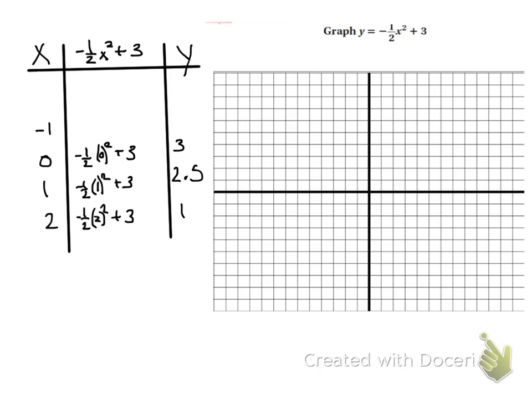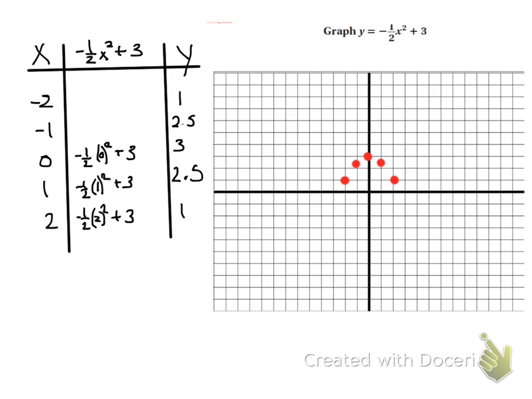And again, these repeat in the other direction, so it's going to be 2.5 and 1. Go to graph this, 0, 3, 2.5, and then 2, 1. Negative 2, 1.